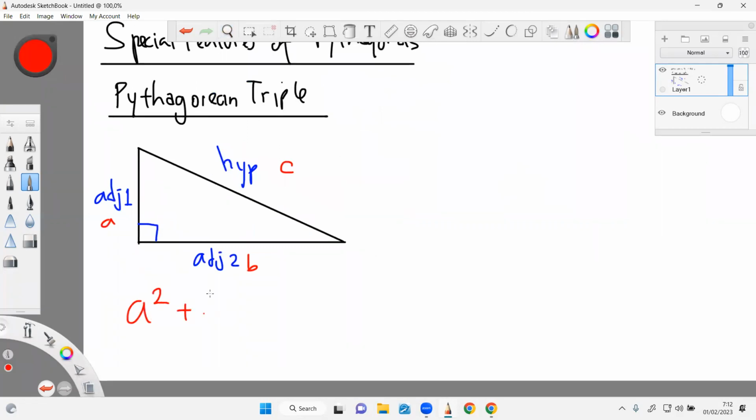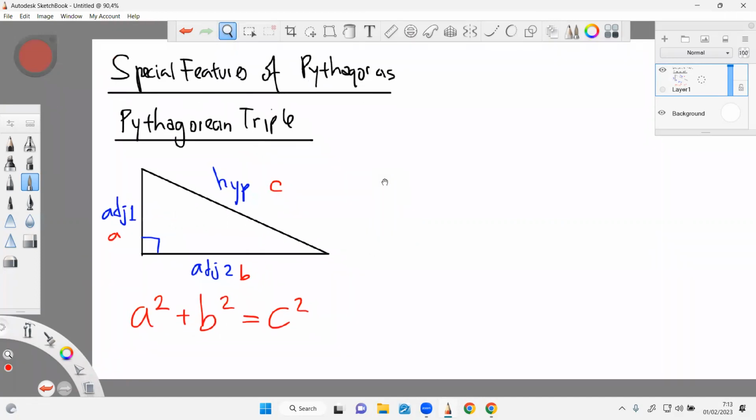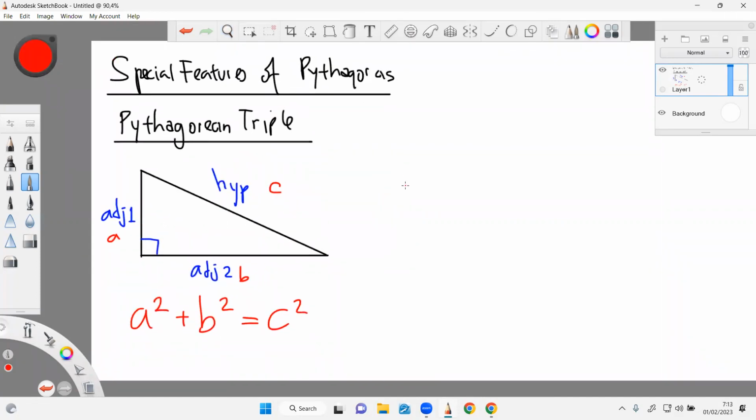A square plus B square equals C square. This is the Pythagorean rule that was invented by the famous Greek philosopher called Pythagoras.